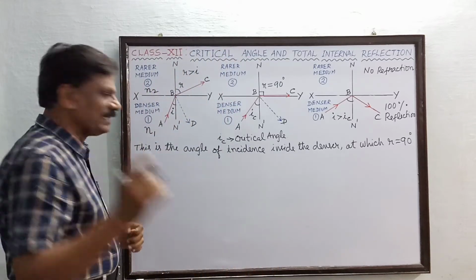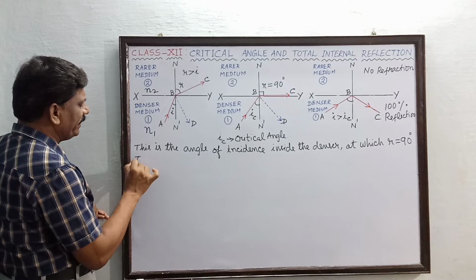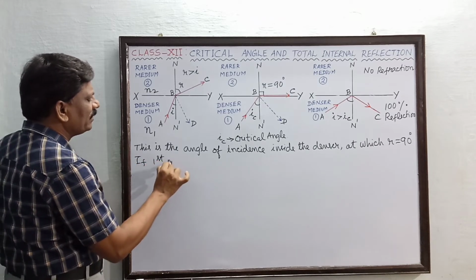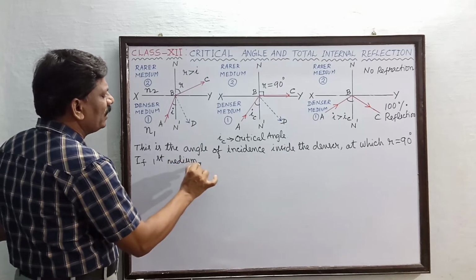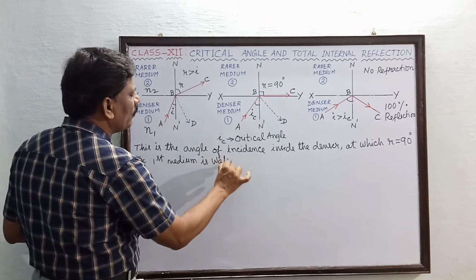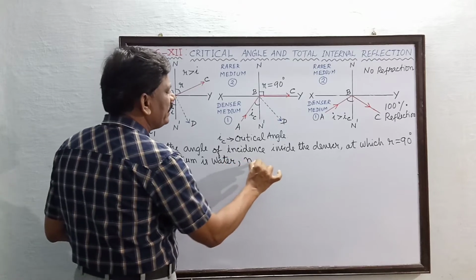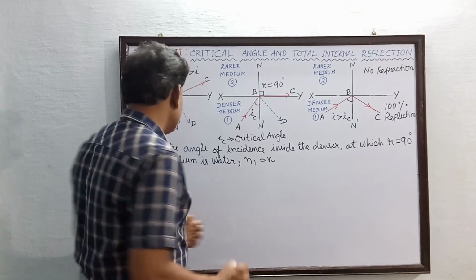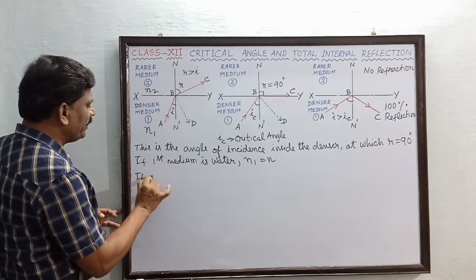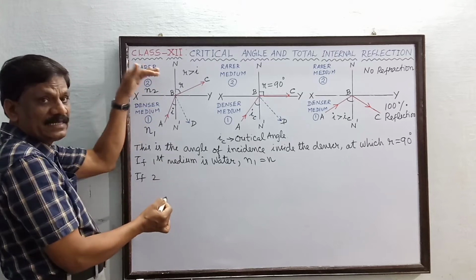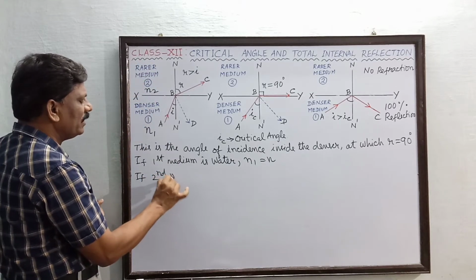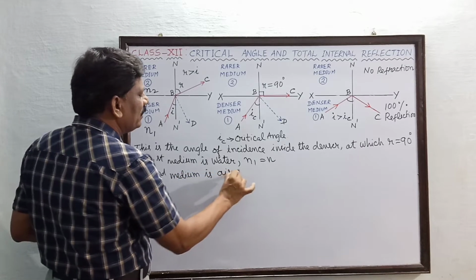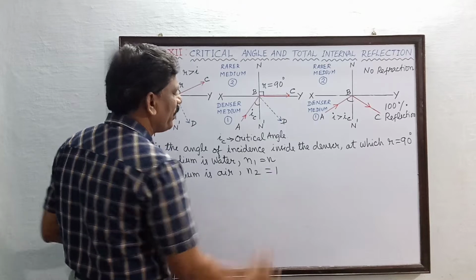For example, if the first medium, that is the denser medium, is water, then N1 is equal to N, 1.33 being the value for water. And the second medium, that is the rarer medium outside, if it is taken as air, then N2 is equal to 1.